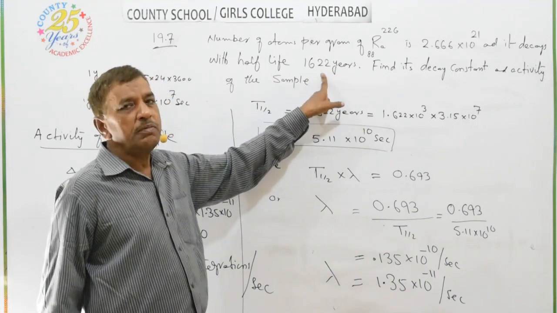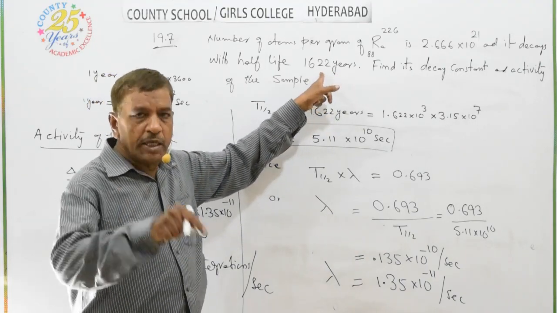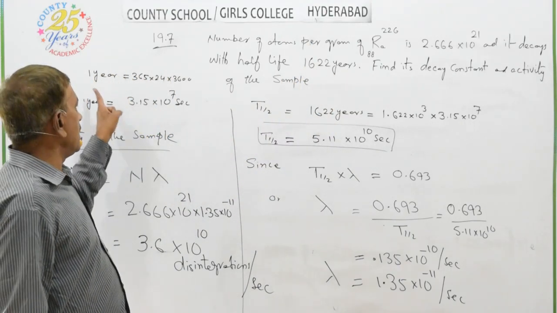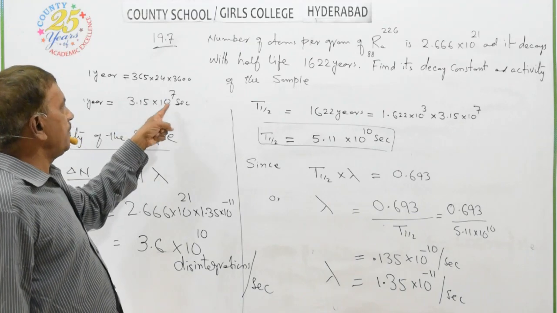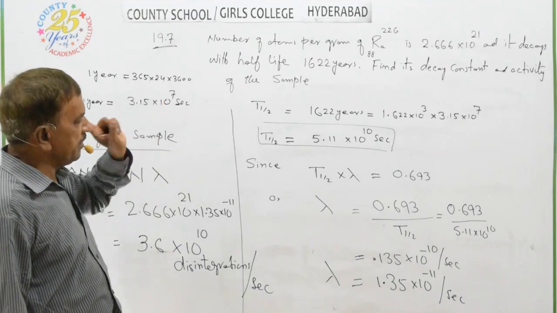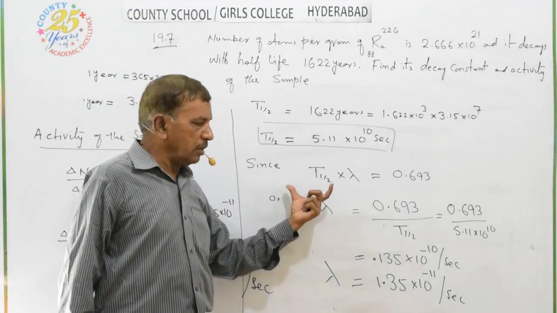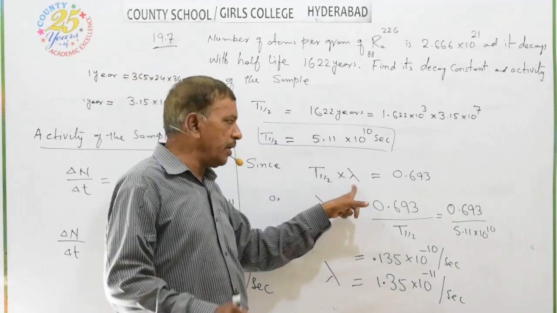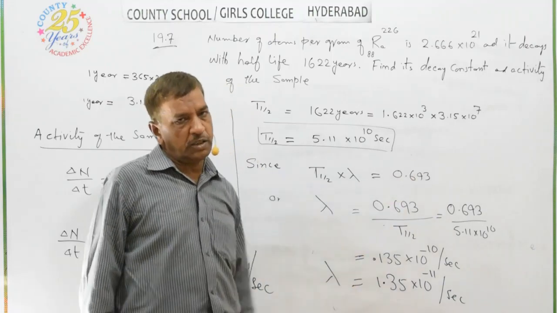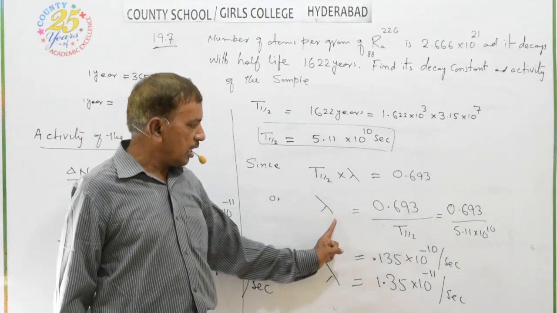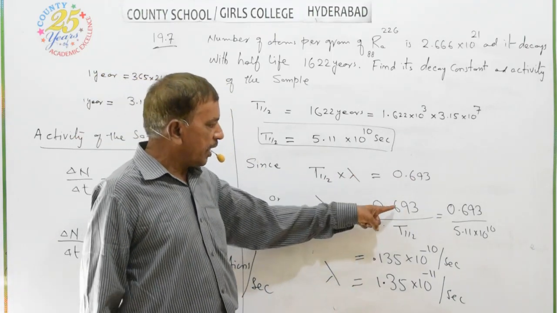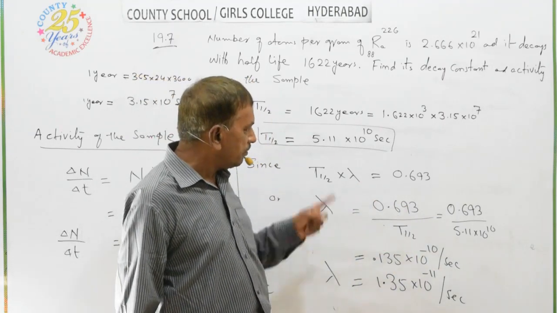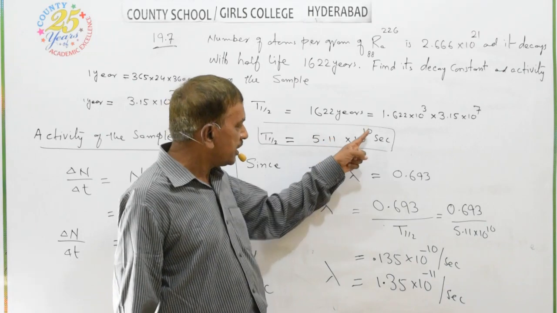This half-life is converted into seconds when we multiply this value with the seconds in 1 year. 1 year has 3.15 into 10 raised to power 7 seconds, and we apply this equation: half-life of the radioactive element into the decay constant of the element, their product should be equal to 0.693. So lambda of radium is 0.693 divided by its half-life, which is 5.11 into 10 raised to power 7.